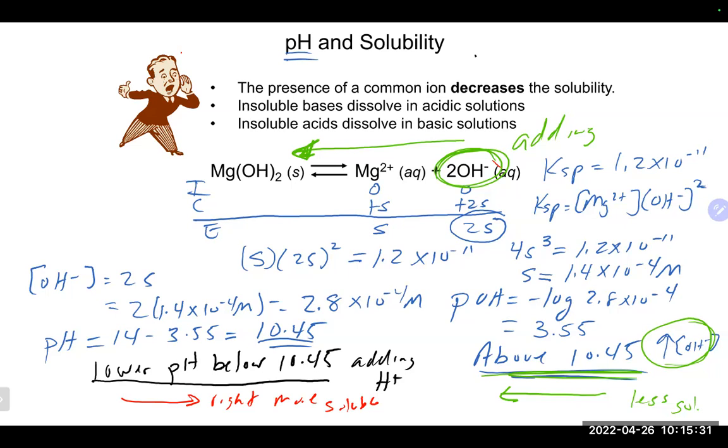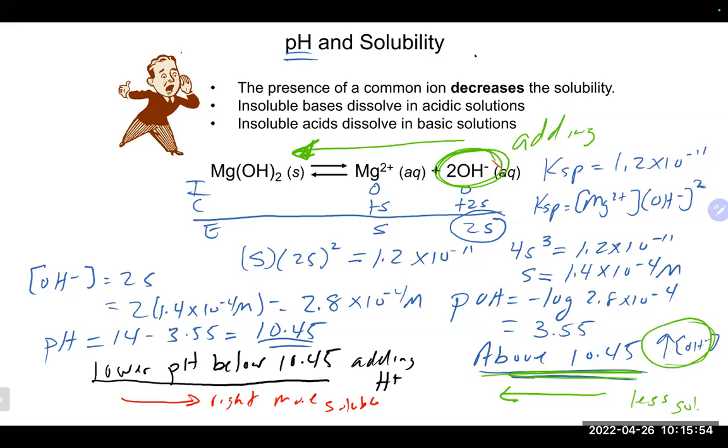Although we don't do these experiments here anymore, there used to be a whole bunch of qualitative analysis experiments that were done in this class. And part of those experiments were basically this idea: you had a whole bunch of ions floating around in solution, and you wanted to precipitate out certain ions first and keep the other ones floating around in solution. A very common procedure in those types of experiments is that you play with the pH a lot.